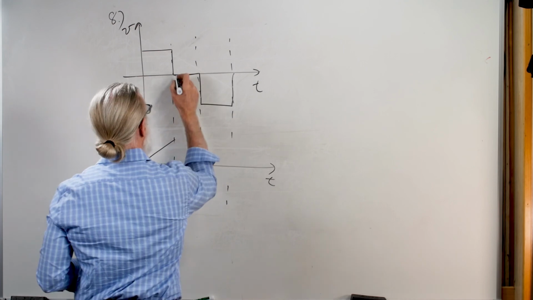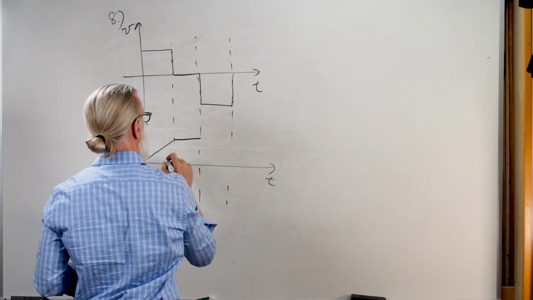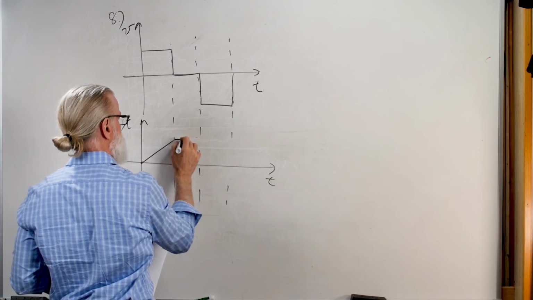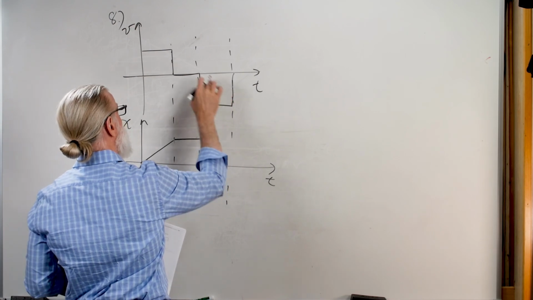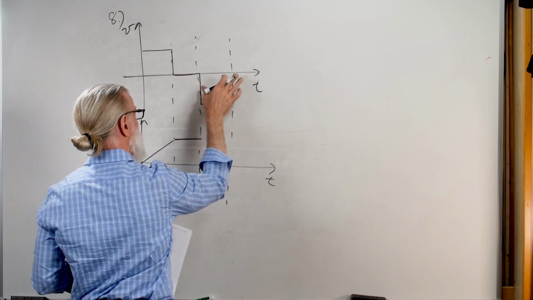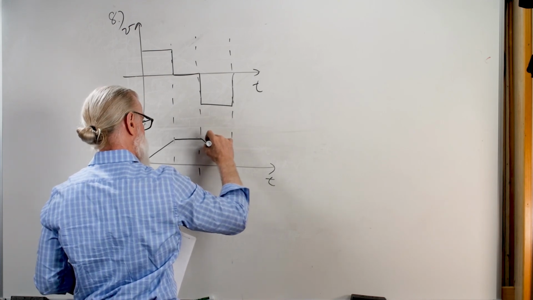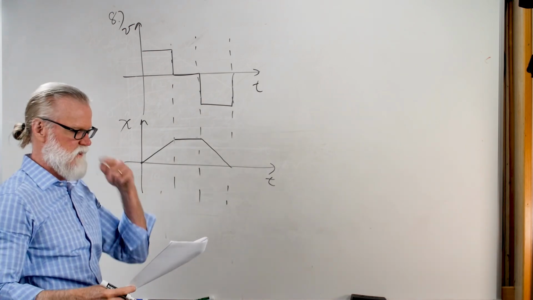And then it has a 0 velocity, so it's going to remain at that position, wherever it is, right there. So that should be straight across. And then it looks like it has an equal negative velocity for an equal amount of time as it did before. So it's going to end up where it started. It should look something like that.